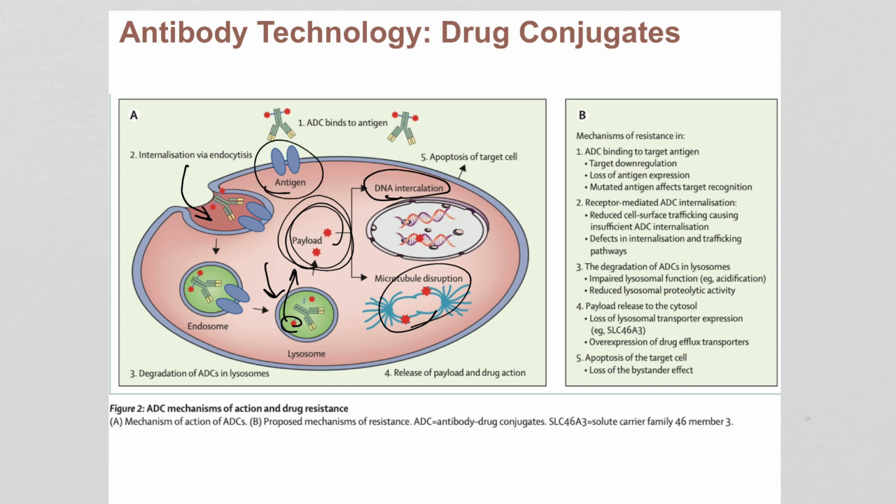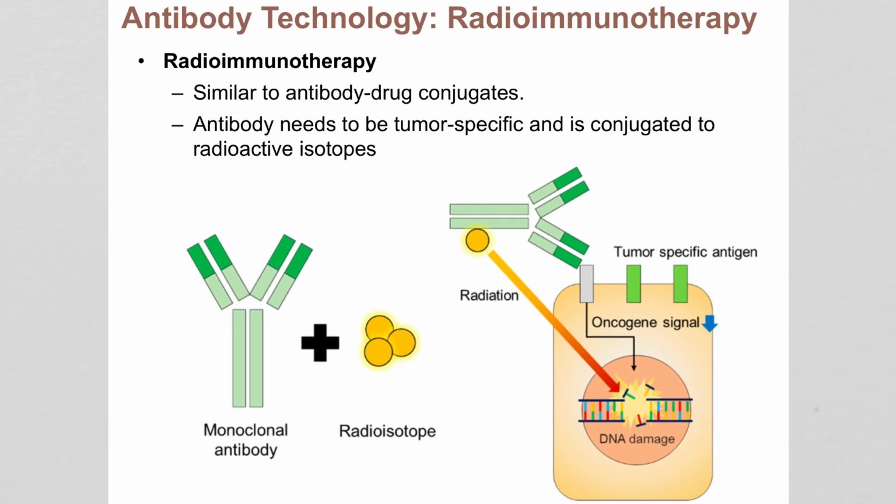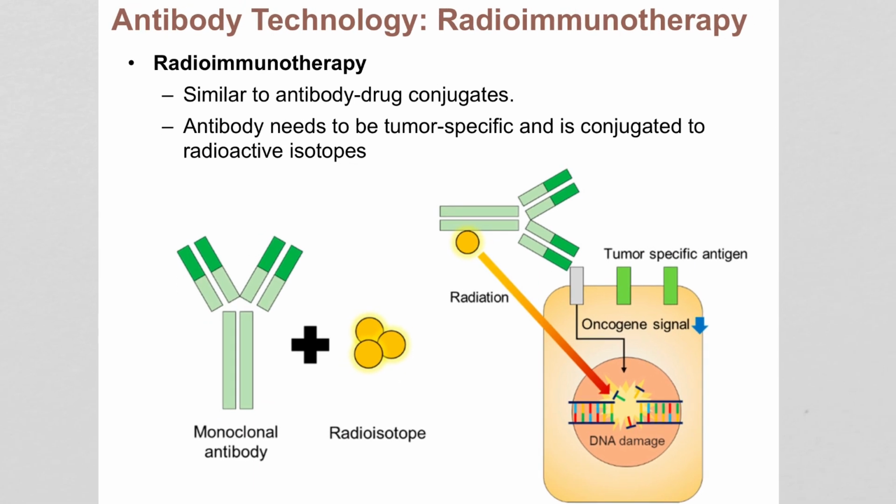All right. Okay, and lastly, something very similar to this, instead of an antibody-drug conjugate, this is showing radioimmunotherapy, which is a similar concept. It's just instead of a drug, we're attaching some sort of radioactive substance or radioisotope to our antibody. So radiation has long been used as a way to try to kill tumor cells, but you have to shine the radiation at the tumor, and it risks the radiation hitting other surrounding tissues and causing damage and mutations.